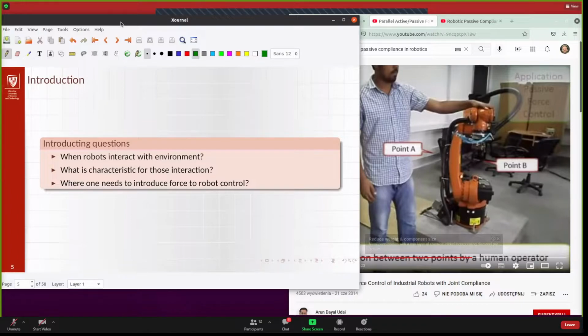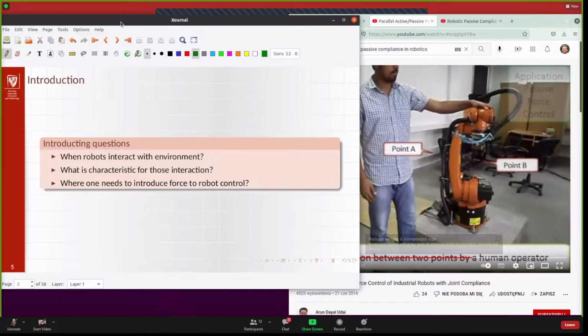In the intentional interaction, we may say, especially in machining, but also in picking tasks, you may want to grasp an object with a certain force, or you need to apply a certain torque to the objects that you are processing.